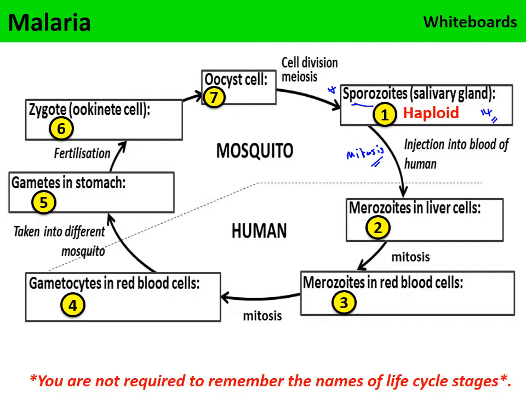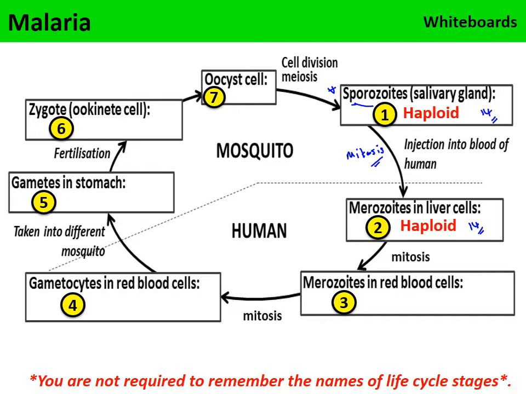So the ploidy remains the same after mitosis. So in number two, we also know the ploidy of these merozoites must be haploid. So inside the nucleus of each merozoite, there are again 14 chromosomes, and there's only one copy of each chromosome.